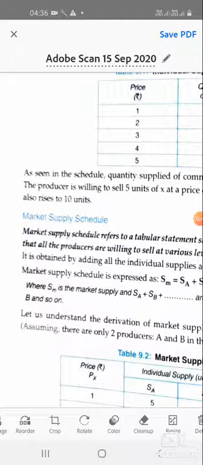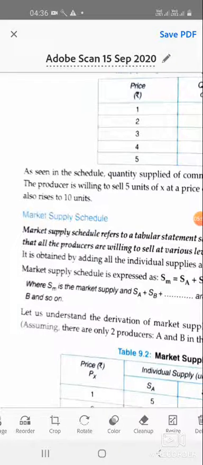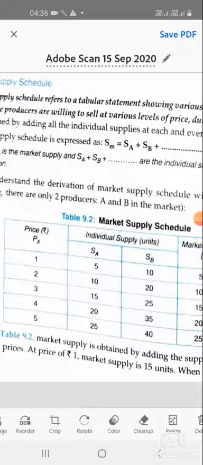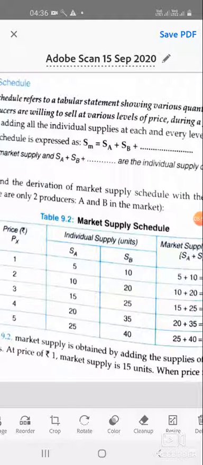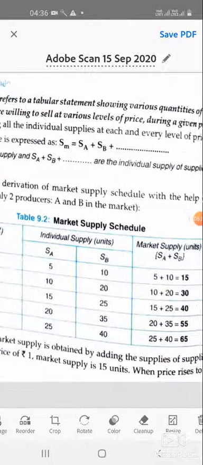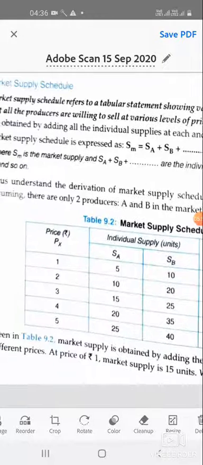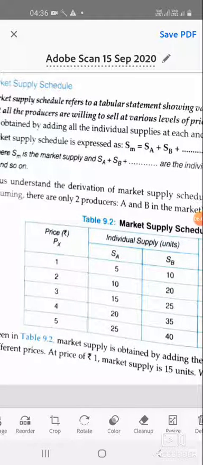In this hypothetical example, you will find two firms, the supply of firm A and the supply of firm B. At the price of rupees 1, A is supplying 5 units and B is supplying 10.